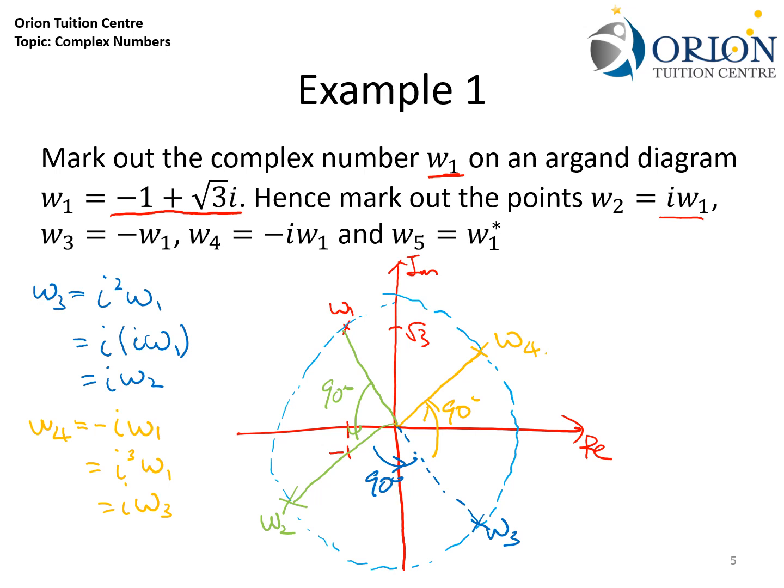Finally, we have w5 equals w1 star. So it is the conjugate, which means it is a reflection about the real axis, and we will have this point over here as w5.